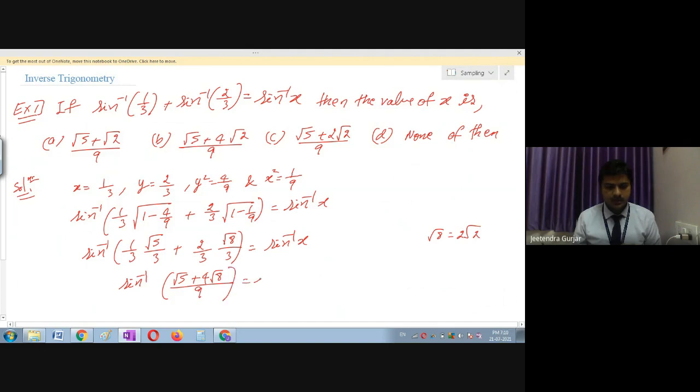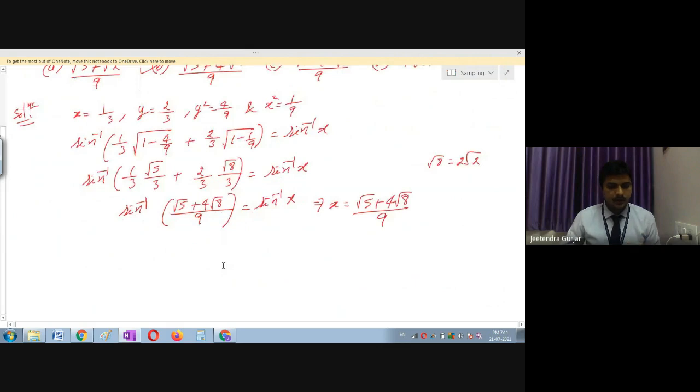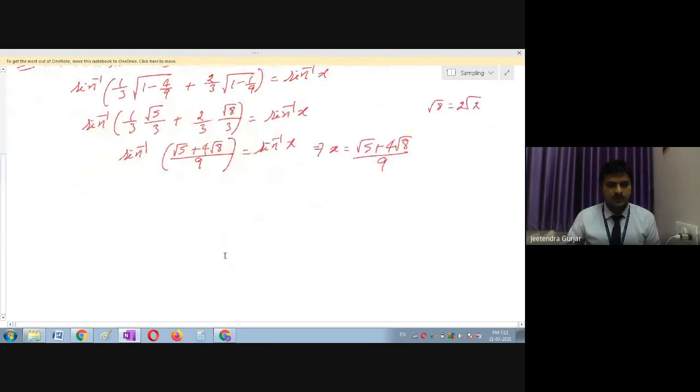So this is equal to sine inverse x. Sine inverse will get cancelled. That implies x is equal to root 5 plus 4 root 2 upon 9. So your answer is B. Is it clear, students? Like this you should be able to simplify easily, and very quickly you are going to simplify the problem.